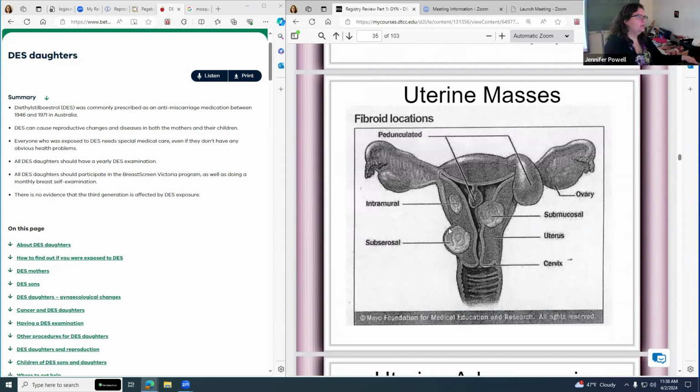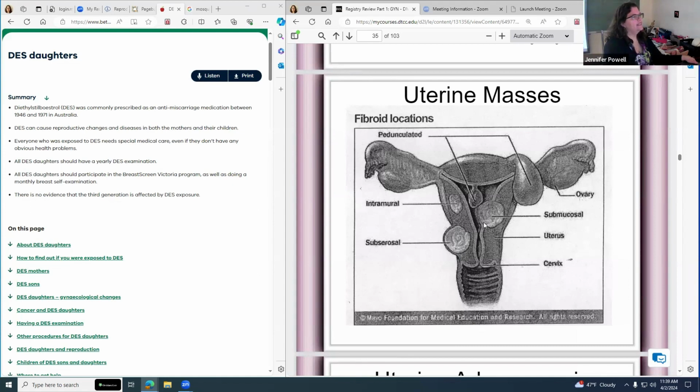This outermost layer is the serosa. The innermost layer is the mucosa. So if you have a fibroid that is under the serosa but distorting the shape of the uterus, it looks like the myometrium is distorted, that's a subserosal.